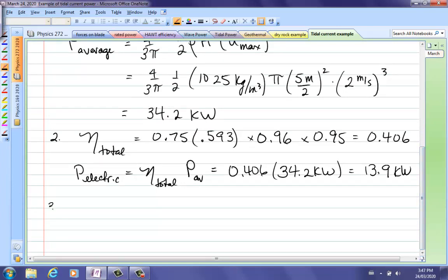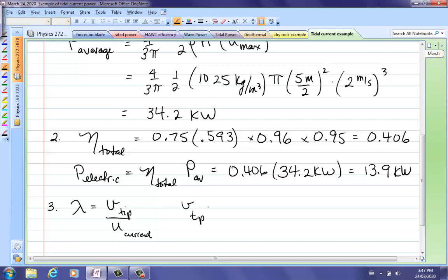Okay, the third thing is about tip speed ratio. So remember, tip speed ratio is lambda, and that's defined to be the speed of the tip of the blade over the speed of the water, the current. Okay, and so we have the rotational rate of the blades.